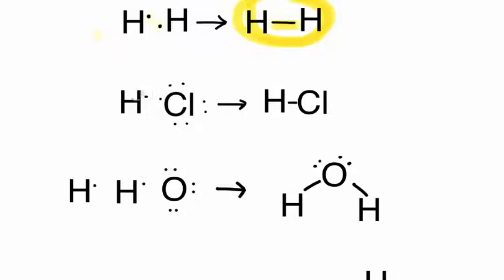Next up, we have chlorine. Chlorine typically likes to have six valence electrons that are free, meaning that they're non-binding, and obviously it wants to have this full octet. However, it only has 7 valence electrons.